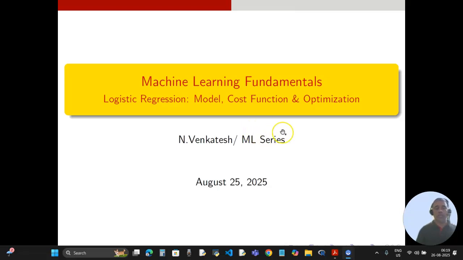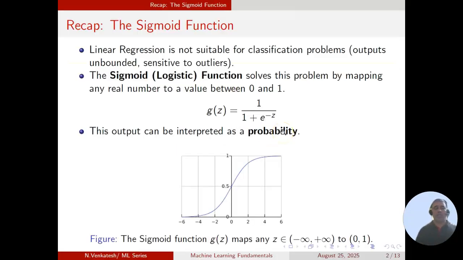So let's quickly recap what we discussed in the previous lecture. As we have discussed, linear regression is not suitable for classification problems due to its unbounded output and it's sensitive to outliers. And we have introduced a new function called a sigmoid function which squashes the output from minus infinity to 0 to 1, which is helpful in predicting probabilities.